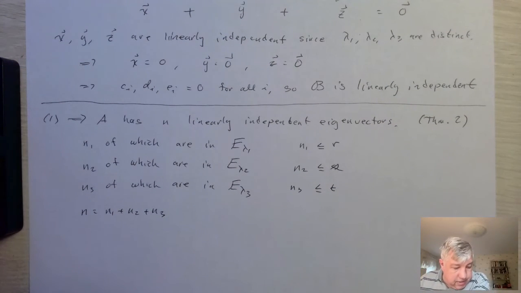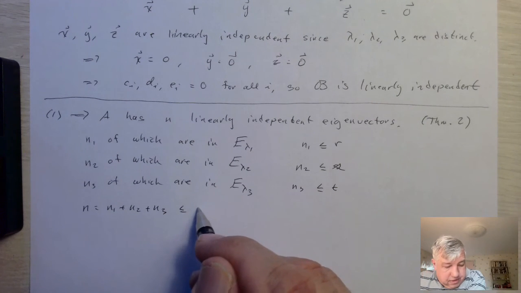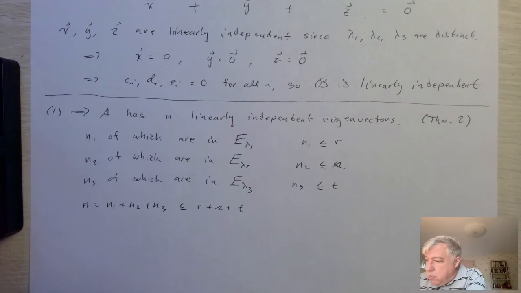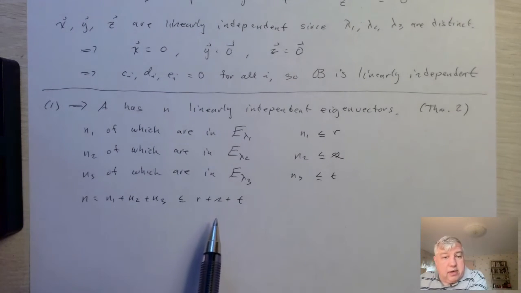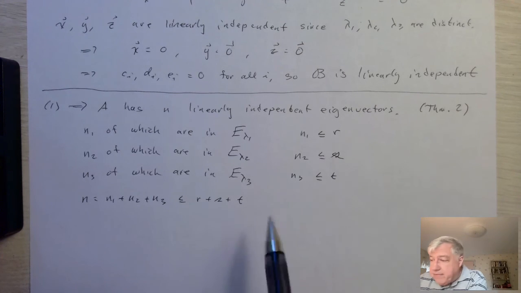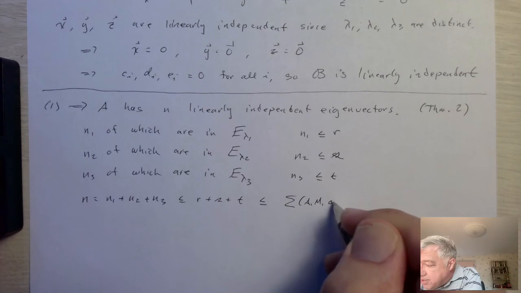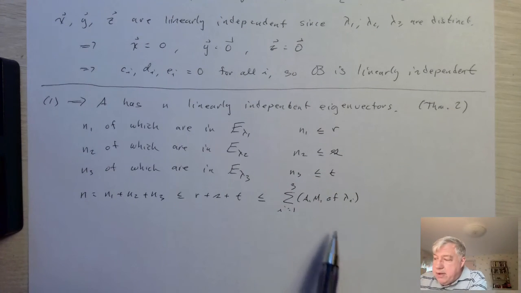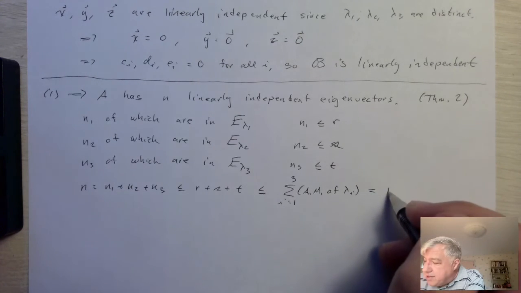So this implies that n is less than or equal to r plus s plus t. But r, s, and t are the geometric multiplicities of the eigenvalues. So that means this is less than or equal to the sum of the algebraic multiplicities of lambda I, as I goes from 1 to 3. But this is a sum of all the algebraic multiplicities of all the eigenvalues, so this is equal to n.